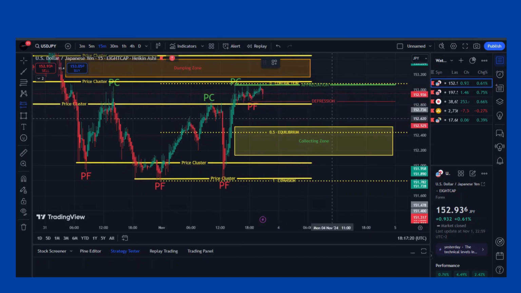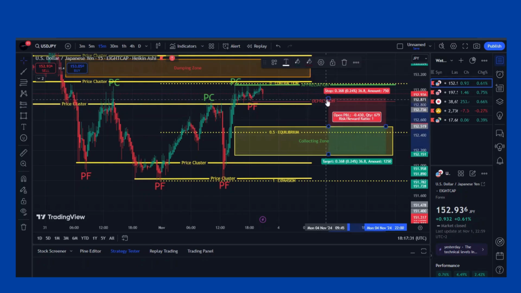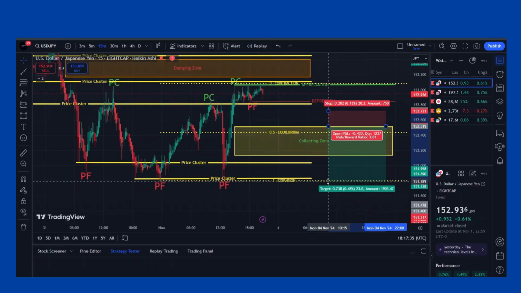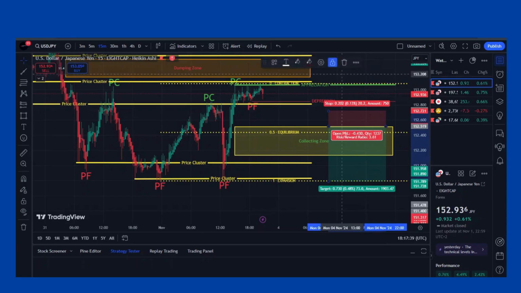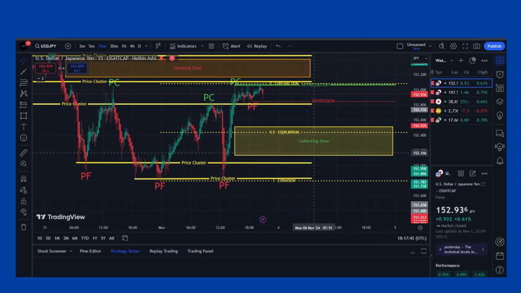Downward direction, retrace the whole week until the Fed decision, and then create another depreciation level, take out this collecting zone, and look for 1 to 2, 3 to the downward direction. So this is what I will be looking for. But however, I want to see the market printing a newer appreciation and depreciation level from this contraction zone and take it to the downside.